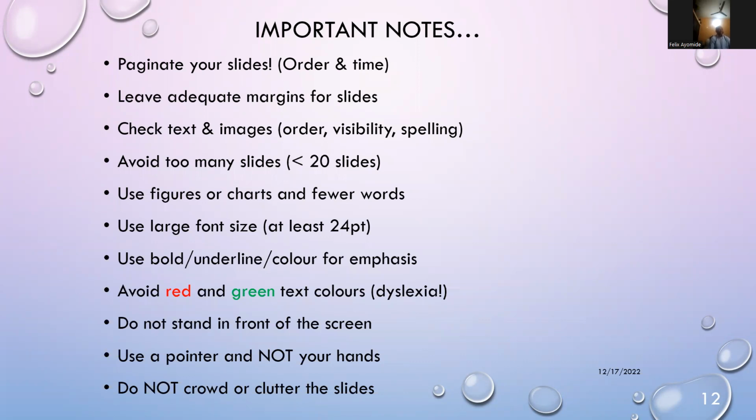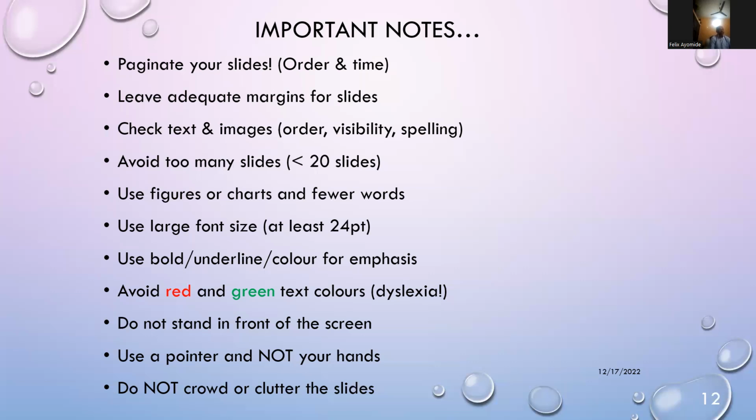So the essence of the PowerPoint slide itself is to have a summary of the entire presentation. Now you use figures or charts or few words. You use large fonts, at least let's have 24 points for your fonts. Your words, that is the lettering, should be visible to the audience.